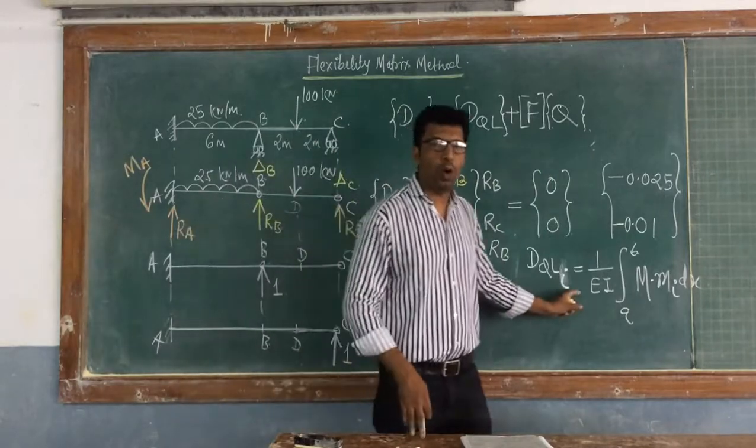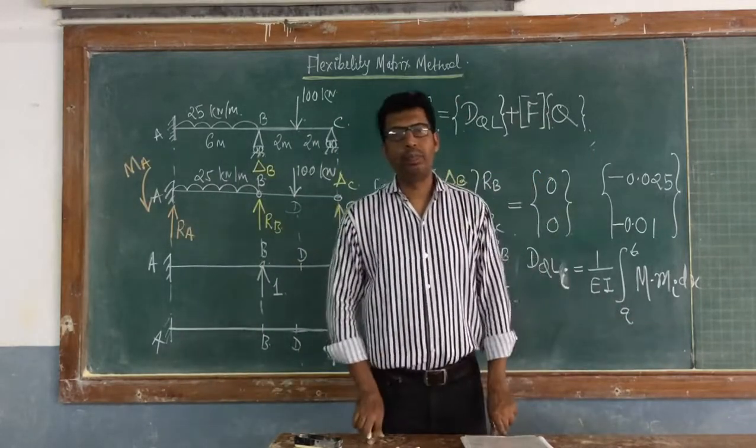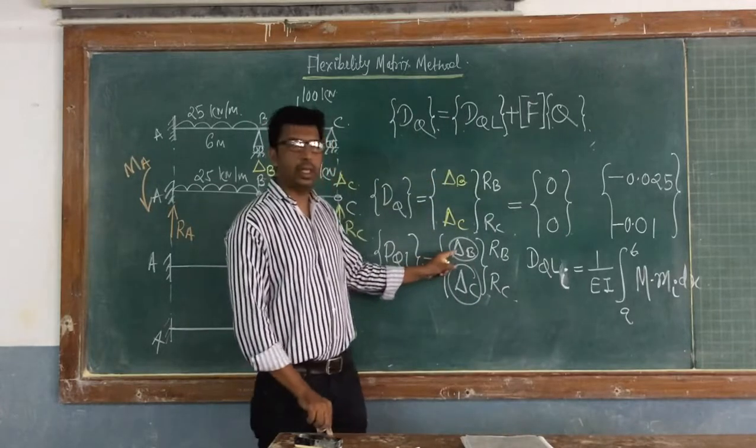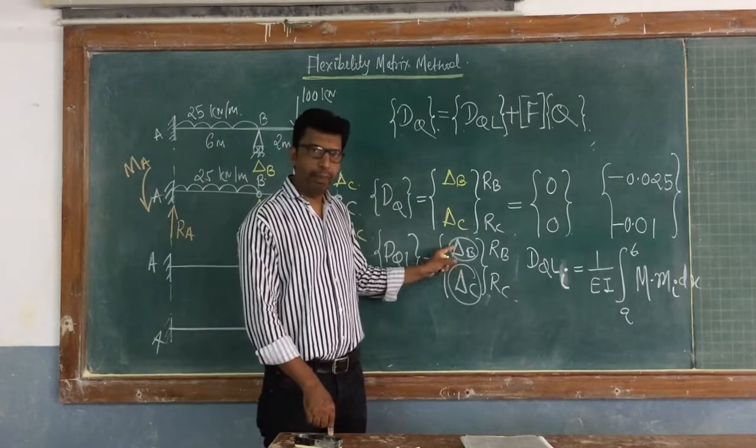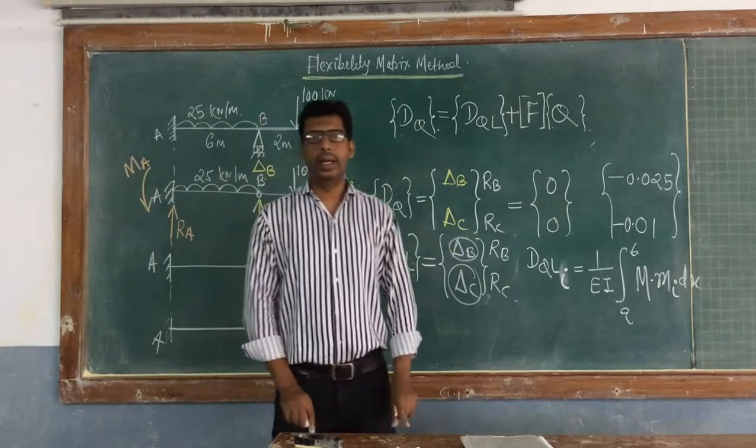This is the integration formula to calculate the dql elements, that is dql1 and dql2. dql1 is nothing but delta B, dql2 is nothing but delta C.